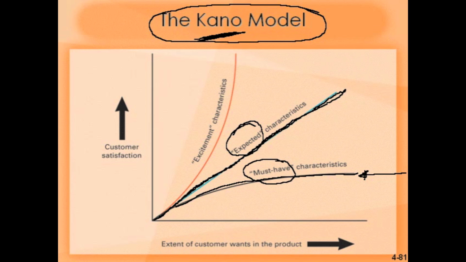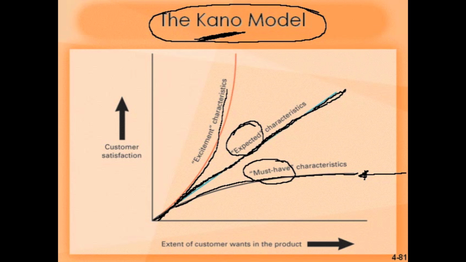Now there could be some characteristics which are excitement characteristics. So you don't expect them, but when you see or experience them, you get excited and very happy. So that means the more and more you see those things, higher is the customer satisfaction. That's why that line goes up drastically.